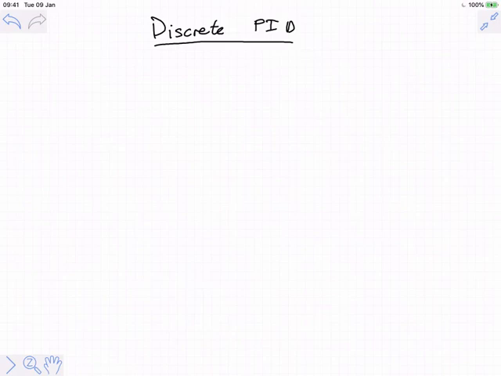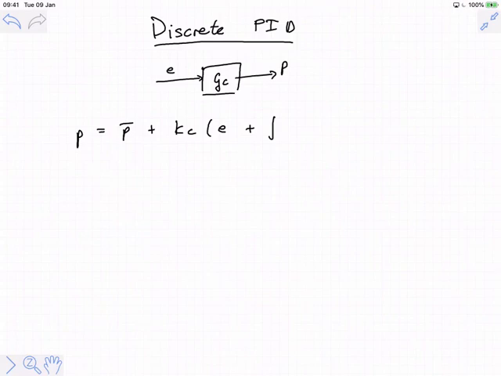You'll remember that if we think about our normal analog controller, an analog controller relates an error signal to a manipulated variable. We have the bias, and we have Kc times E, which is the proportional term.